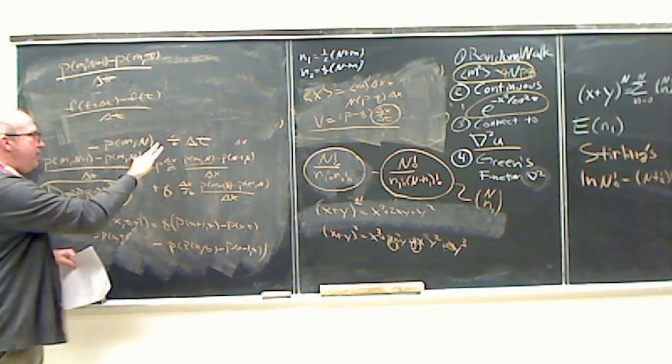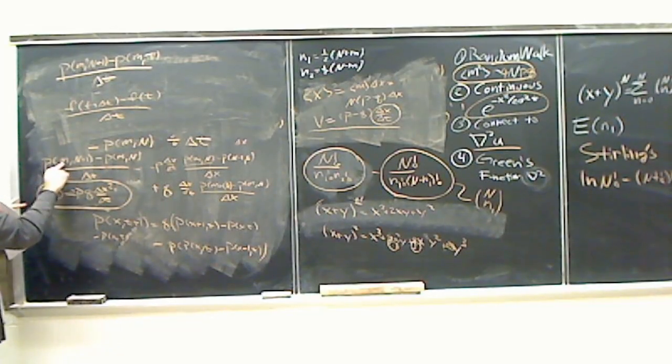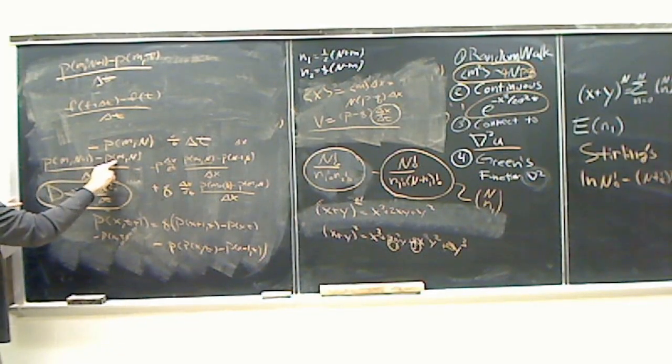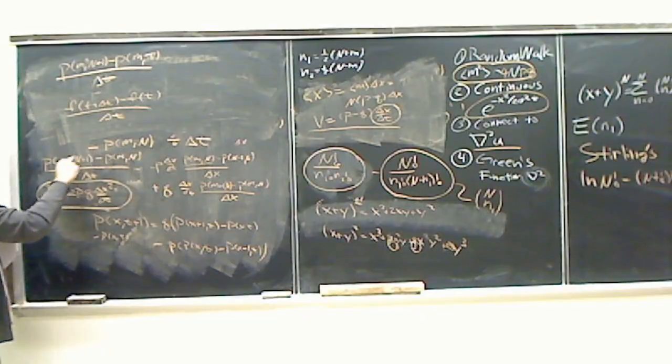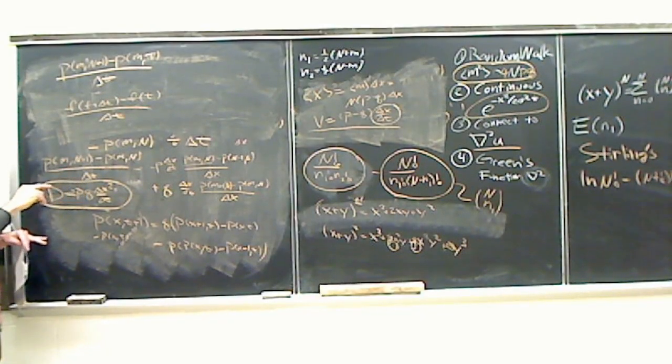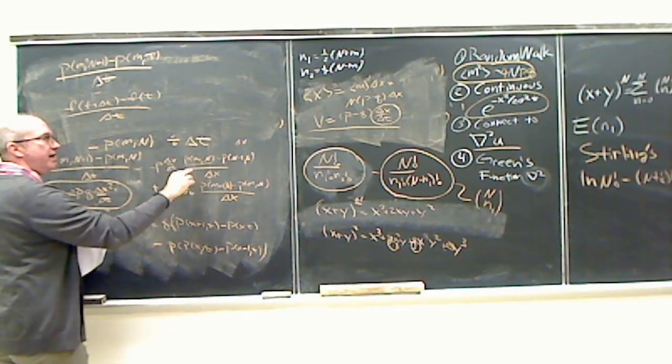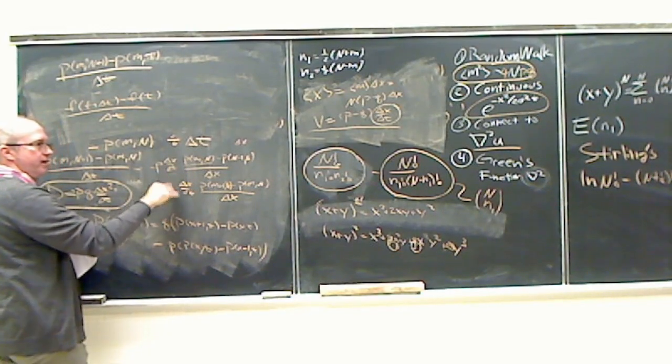So on the left-hand side, I have P of m and n plus 1 minus P of m and n. So this is just a difference in the time coordinate. So this term is going to turn into my time derivative. On the right-hand side, I got a p and a q, so I've got these two things separate.